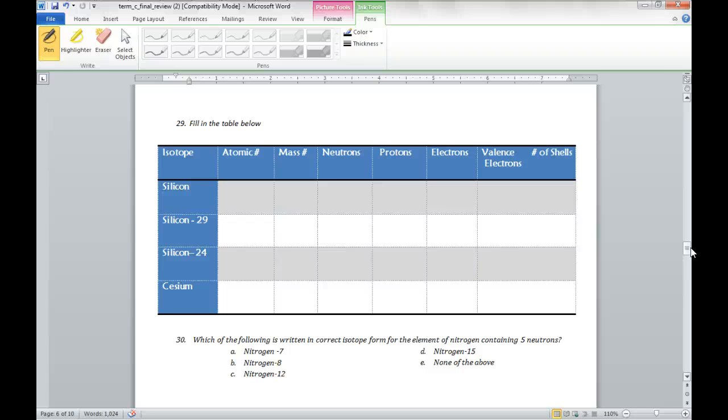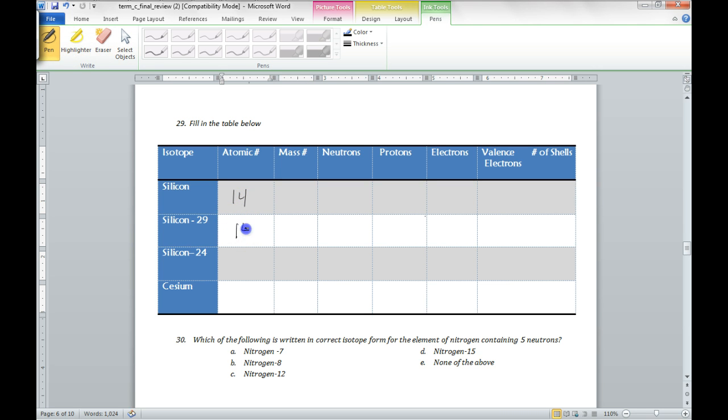Okay, sorry about that. So silicon is going to have a mass number of 28, atomic number 14, sorry, wrong element.